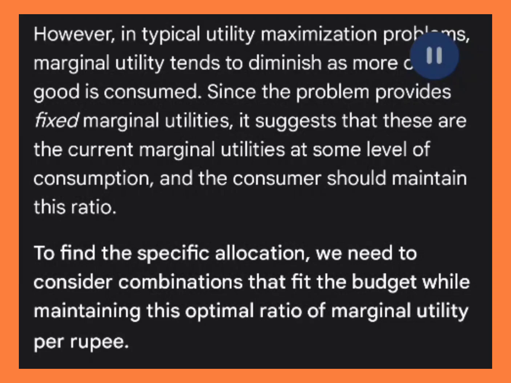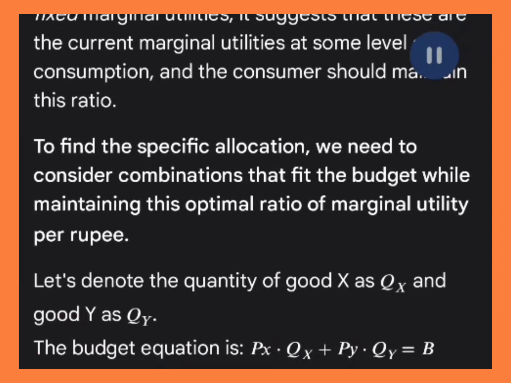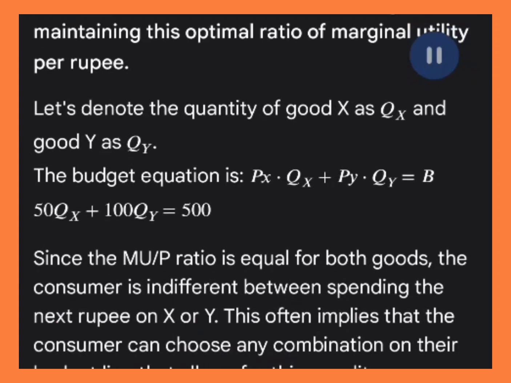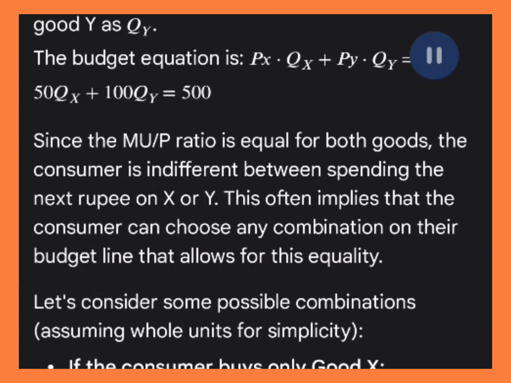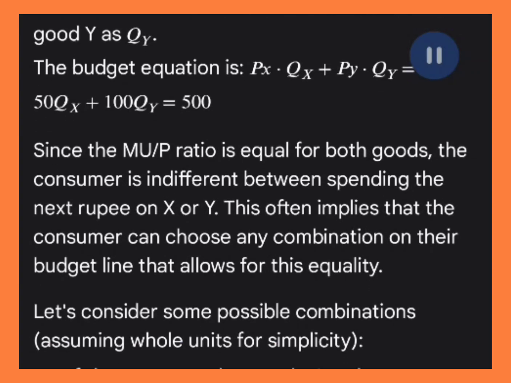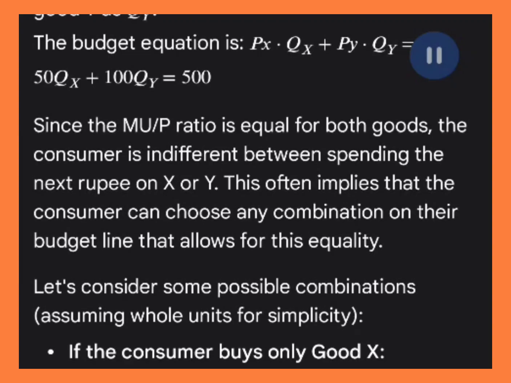To find the specific allocation, we need to consider combinations that fit the budget while maintaining this optimal ratio of marginal utility per rupee. Let's denote the quantity of good X as QX and good Y as QY. The budget equation is PX times QX plus PY times QY equals B: 50QX plus 100QY equals 500.